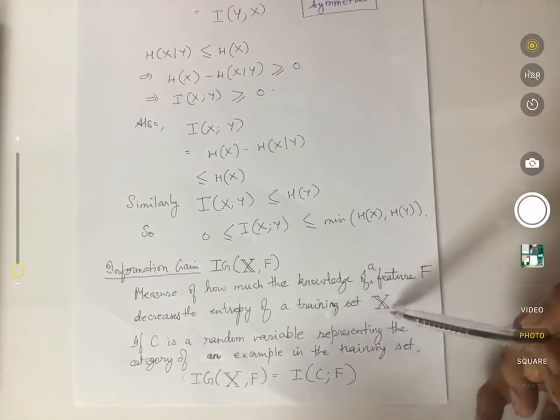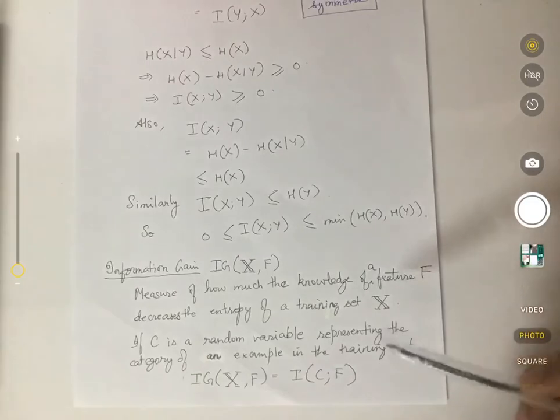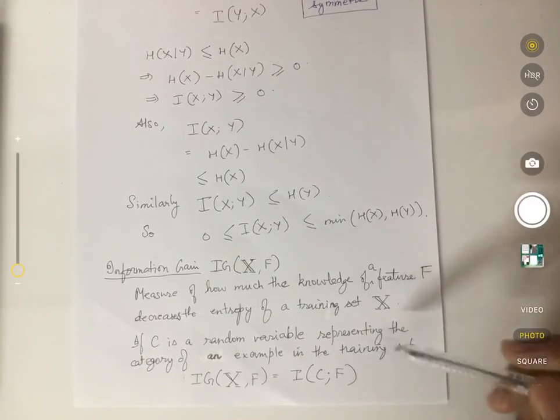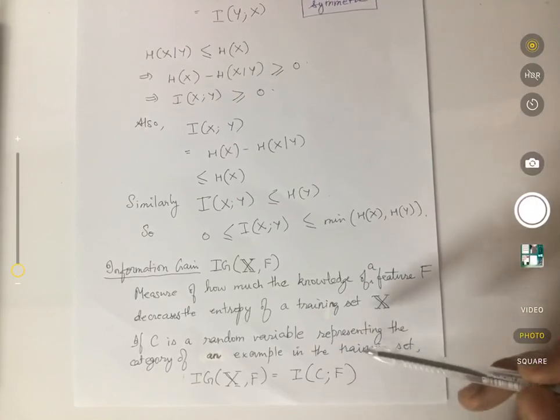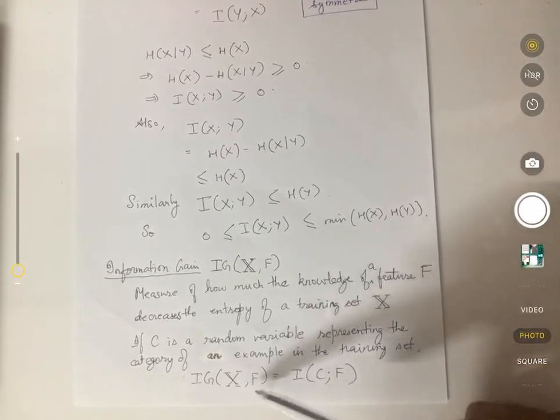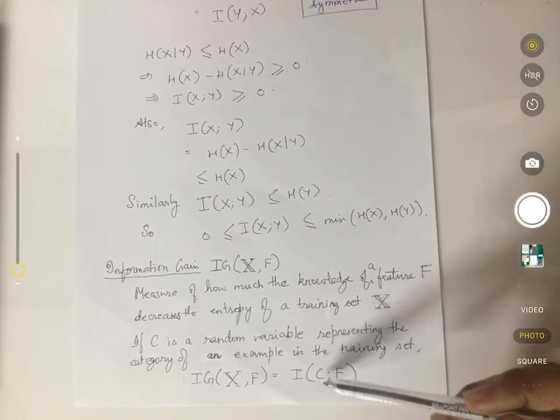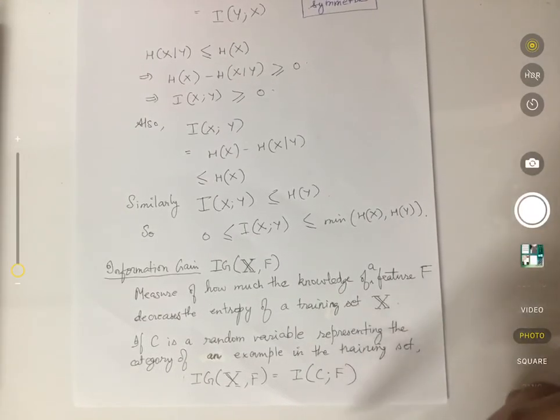You know, different examples would be labeled as coming under different categories, right? So this means that the information gain is the same as the mutual information between the category and the feature, right?